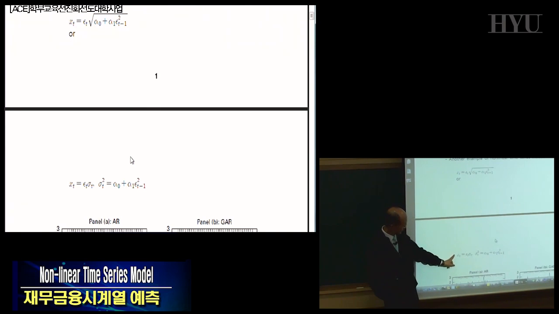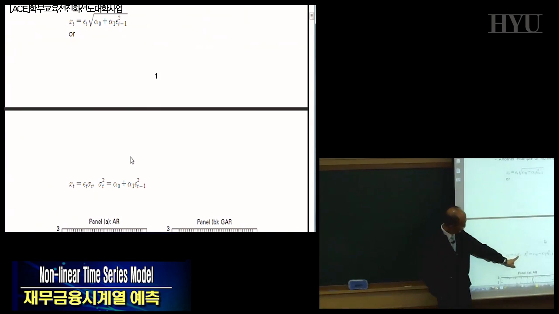The variance, because this is constant, and usually it is assumed that this one has a unit variance. So the variance of xt is sigma t squared, whereas the expected value is 0.